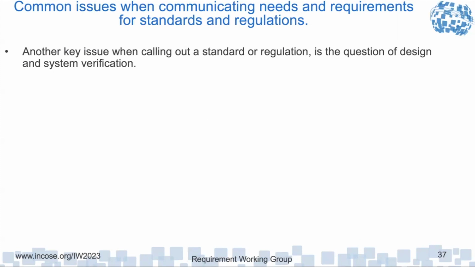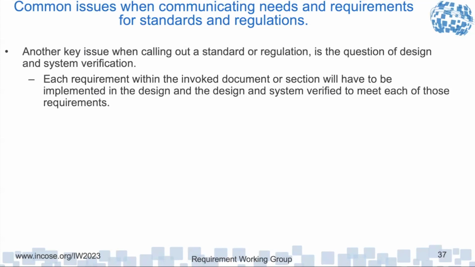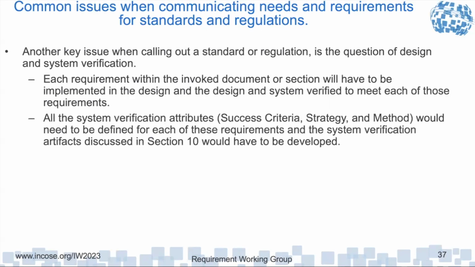Another key issue in calling out a standard or regulation is the question of design and system verification. Each requirement in the invoked document section will have to be implemented in the design and the system verified to meet those requirements. All the system verification attributes would need to be defined: success criteria, strategy, and method for each of the requirements. And the system verification artifacts discussed in section 10 of the needs and requirements manual would have to be developed.